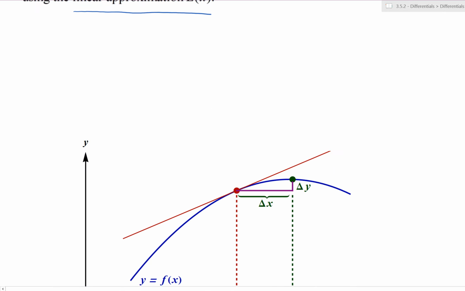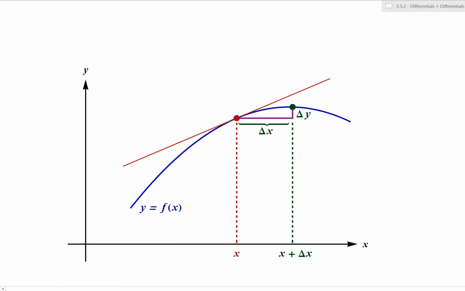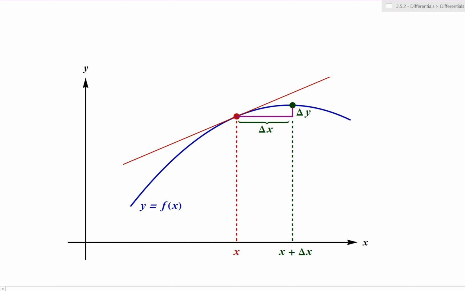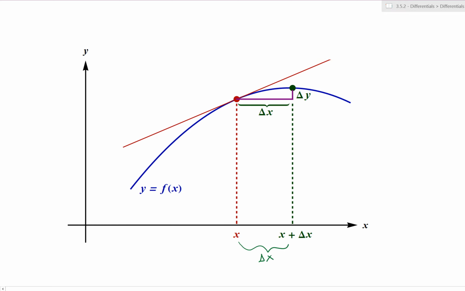We have a little picture to help us visualize this exact idea. Again, we have the same function f of x drawn, and its tangent line drawn at x. As we can see, we've moved out some delta x units away from x, in this case to the right. So the distance between x and this other location, x plus delta x, is delta x units, as we've also drawn right above here.